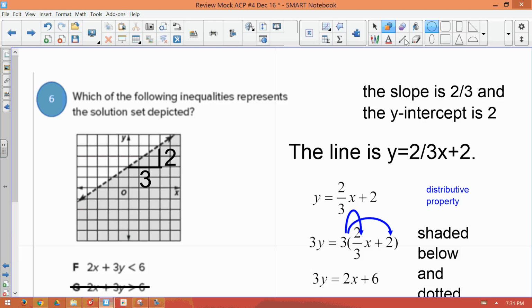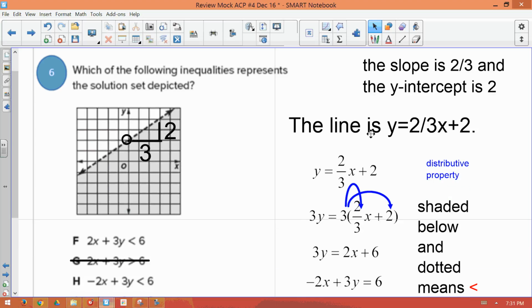Right there, if you look right there, the y-intercept is right there at 2. So the line in slope-intercept form, that's y equals mx plus b form, looks like that.